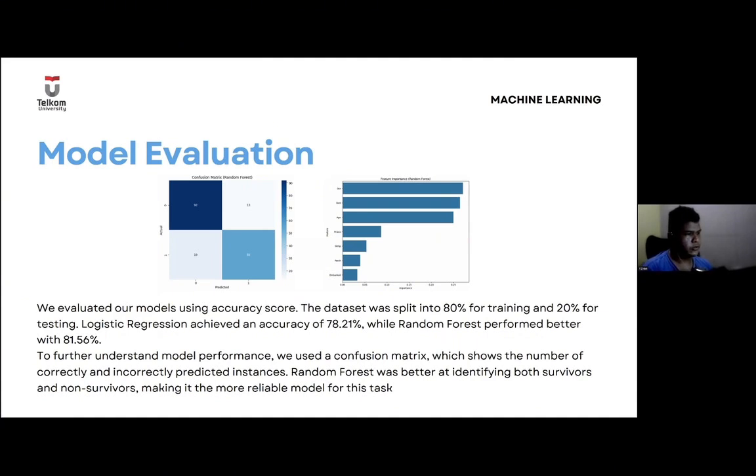It more accurately identified both survivors and non-survivors in our dataset. The feature importance chart on the right shows which variables had the greatest impact on the model's decisions. Based on this result, we recommend implementing the random forest model as it provides more reliable predictions for this particular task. Next slide, please.